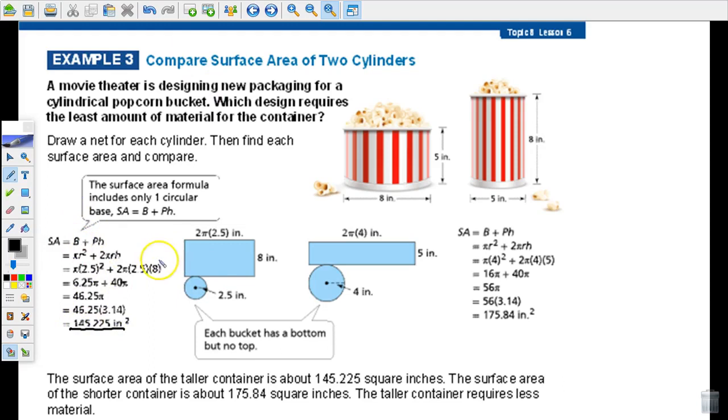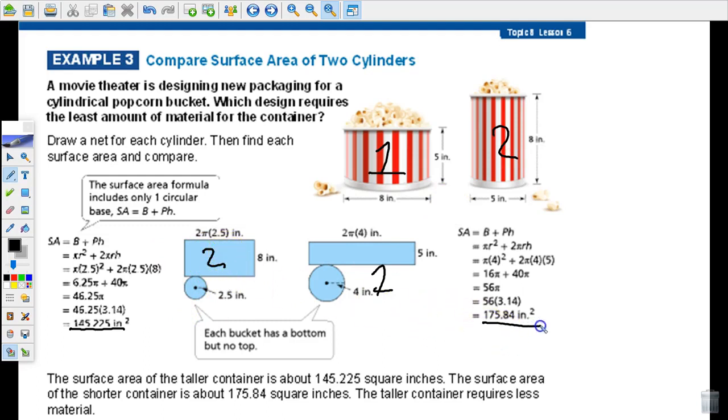You use the formula and then you work it all out, okay? So this is this one because it's 8 and 2.5, and then this is this one, okay? So we'll say this is 1, this is 1, this is 2, this is 2, okay?